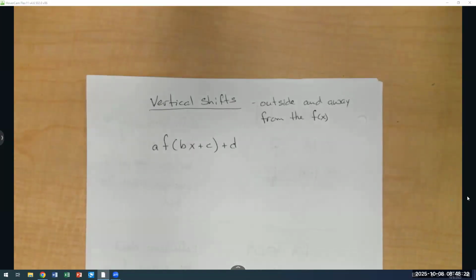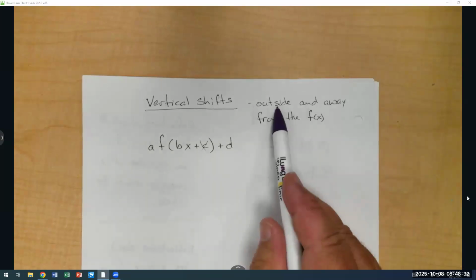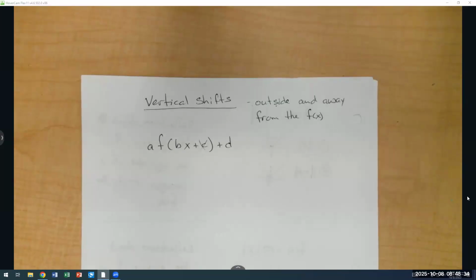So looking at our function, which letter is it? A, B, C, or D? Well, we talked about C already, so that can't be it. So what would be vertical shifts? Outside and away from the function. What's the only one that's outside and away from the function?